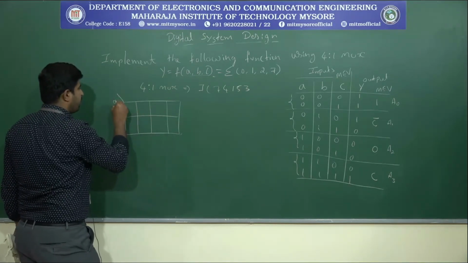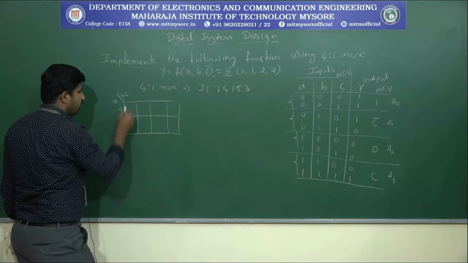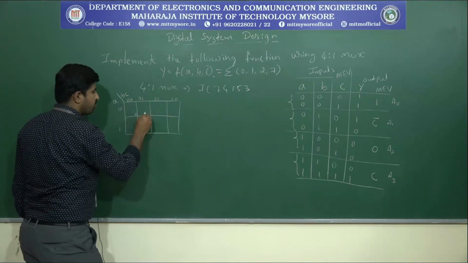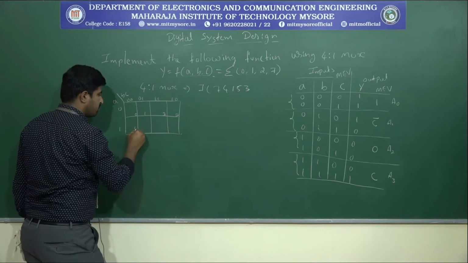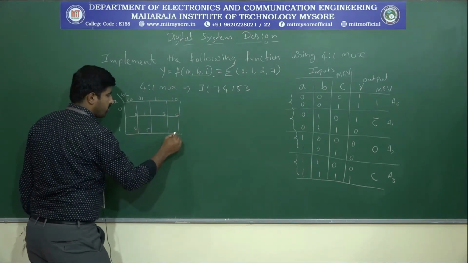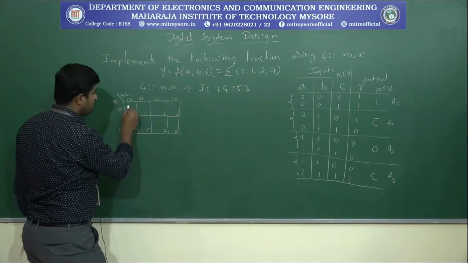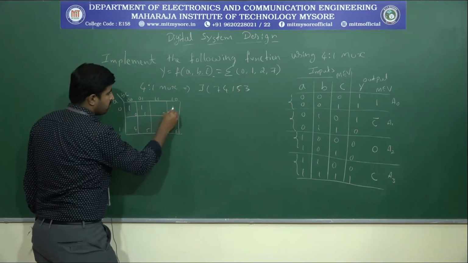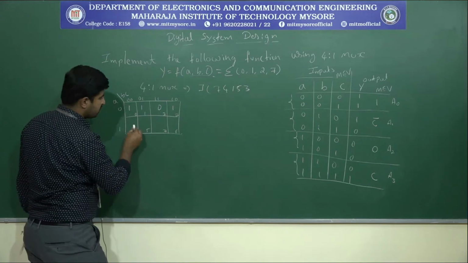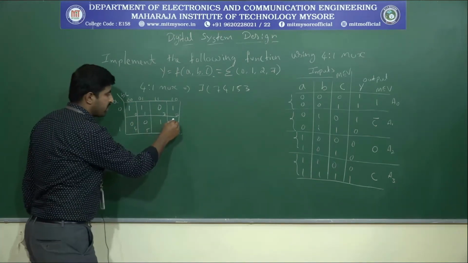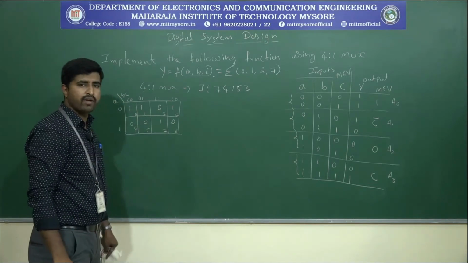This is what we have: A, B, C, 0, 1, 0, 0, corresponding to the cell numbers 0, 1, 2, 3, 4, 5, 6, 7. Which is the output? 1, 1, 1, 0, next 0, 0, 0, 1. Right. So this is the 3 variable K-map that we have.